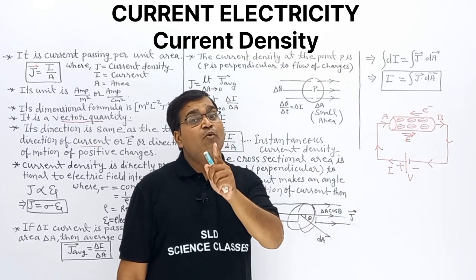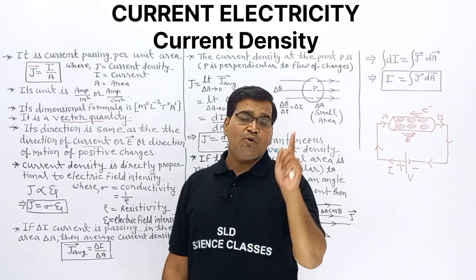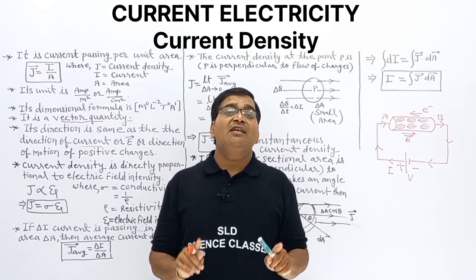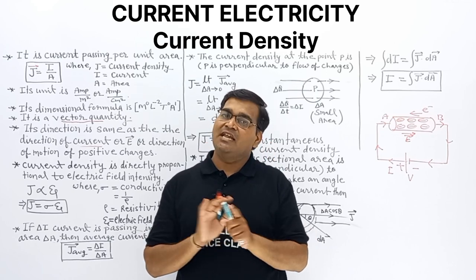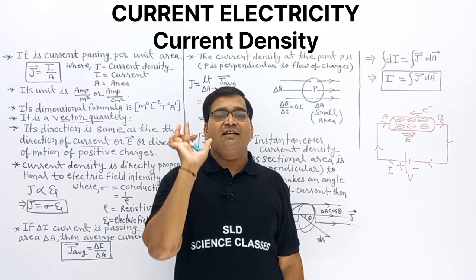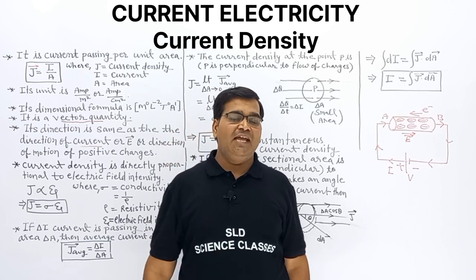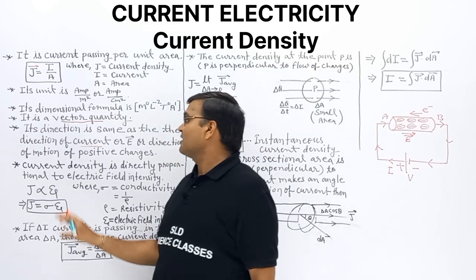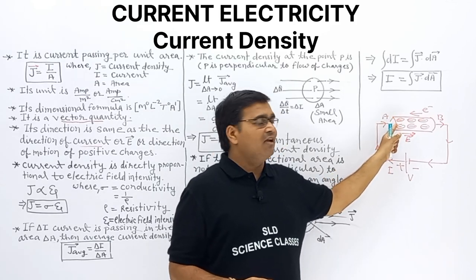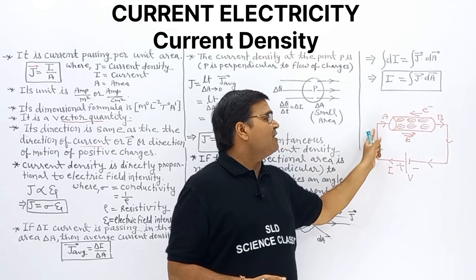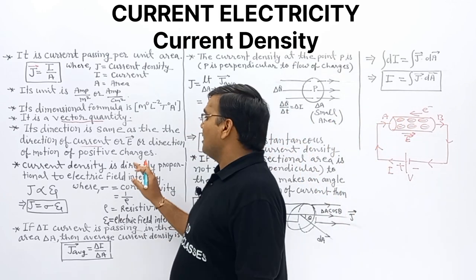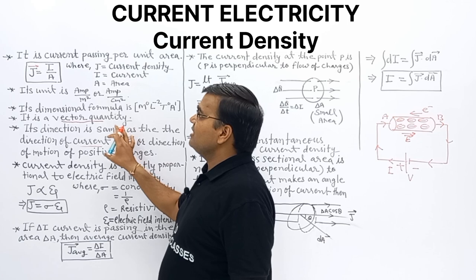Finally, current density direction is the same as current direction. Clear? Where? In an object, in a surface area. When we consider this conductor with cross-sectional area A, the current direction will be the current density direction. Clear?